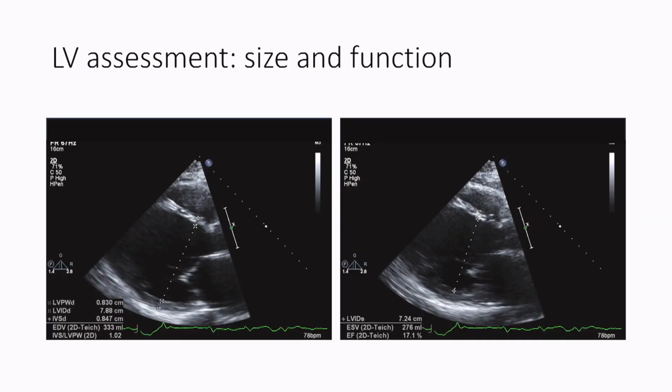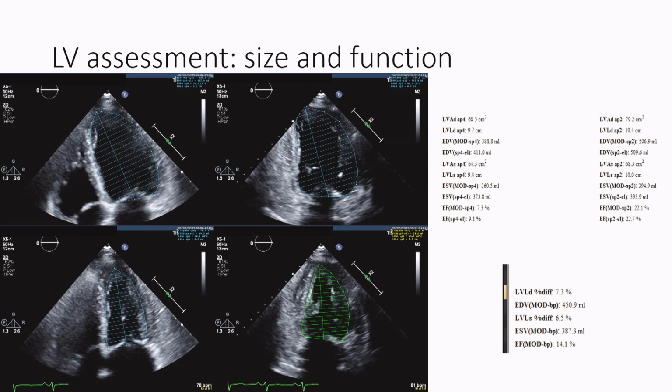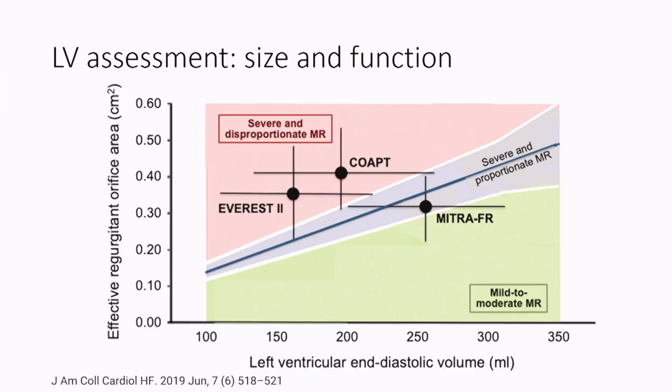For LV assessment, you go for the dimension. Make sure that you have a good assessment of the dimension, although I like to go for the volume, because simply the volume will give you an idea of what you are dealing with. We said the COAPT trial showed a positive result, but there is another trial, MITRA-FR, which showed a negative result.